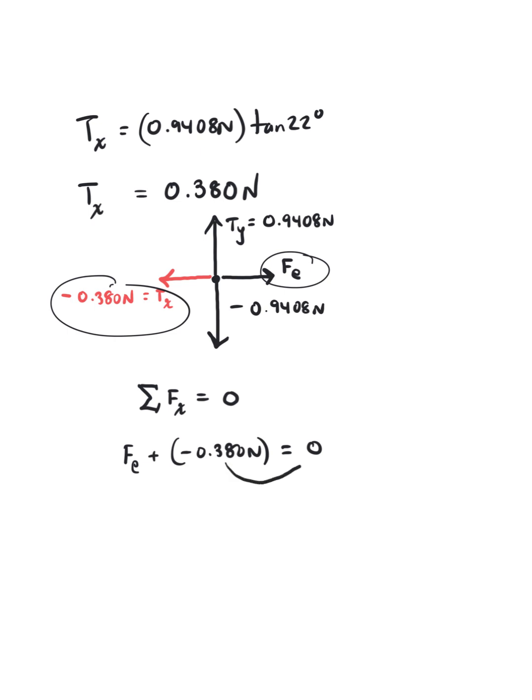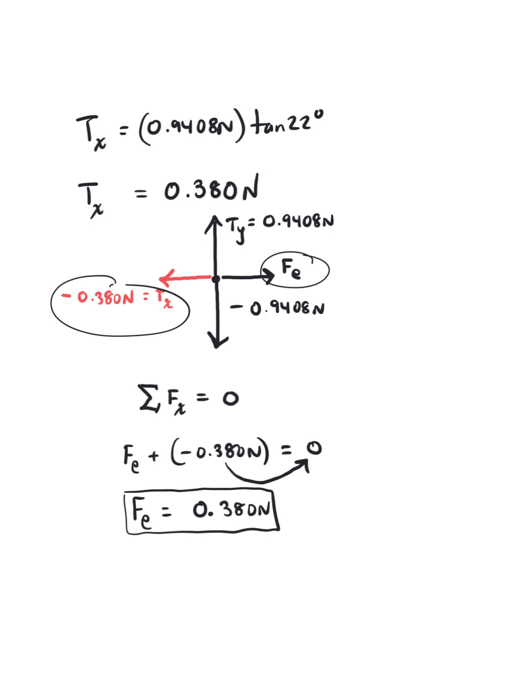So if we move this term over to the right side, we have the electrostatic force acting on the sphere is equal and opposite to the x component of the tension force. So that's 0.380 newtons.